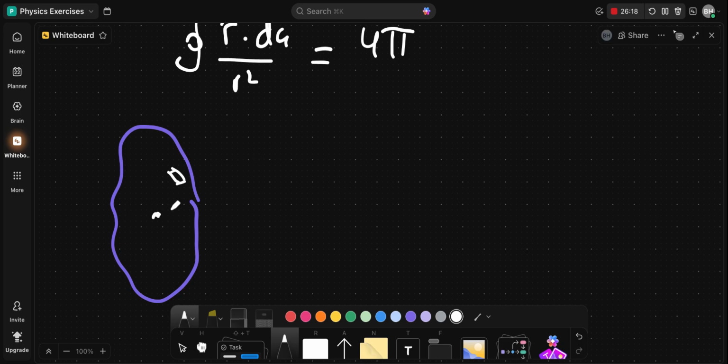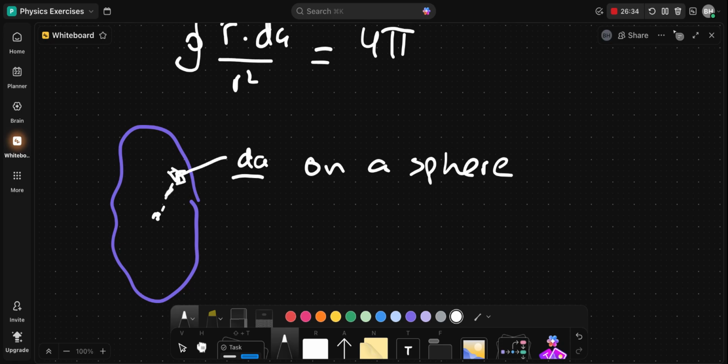We're going to assume that each of those elements consists of a small area which is on a sphere. And this is at some distance r from the origin. So this small tiny element is on a sphere.